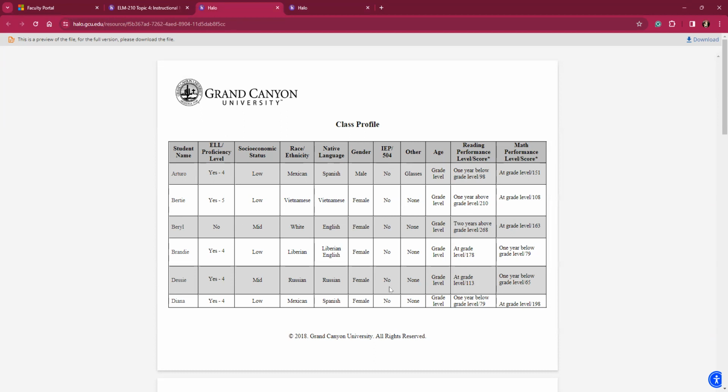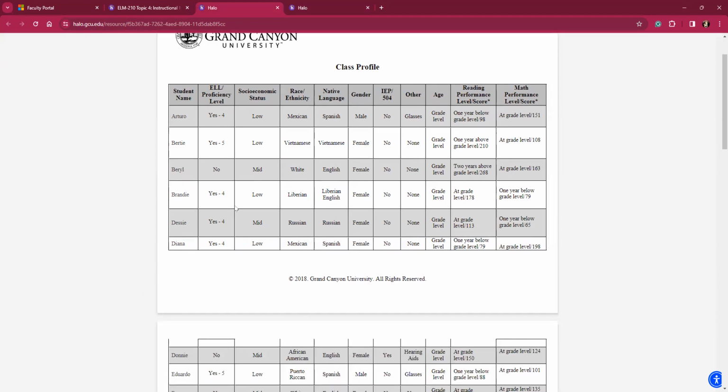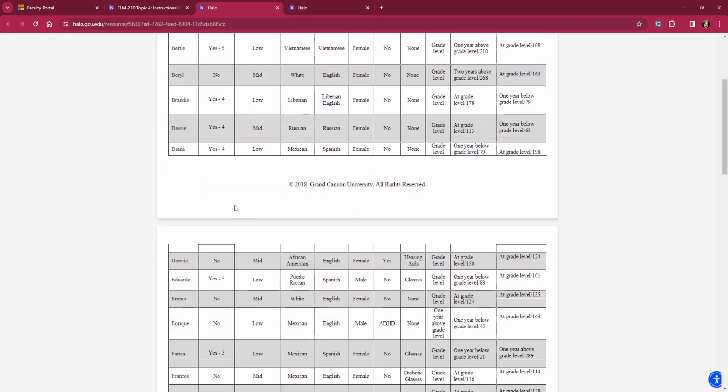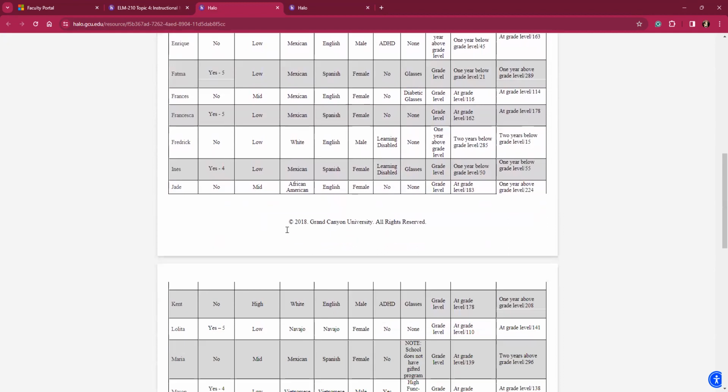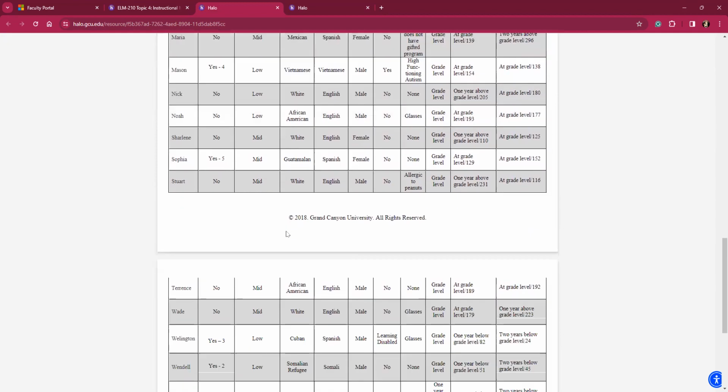We have some students who are language learners. It shows their ELL proficiency levels. Fours and fives. So fives are more proficient, where fours are intermediate. And then ones and twos are those students who are at the basic levels.